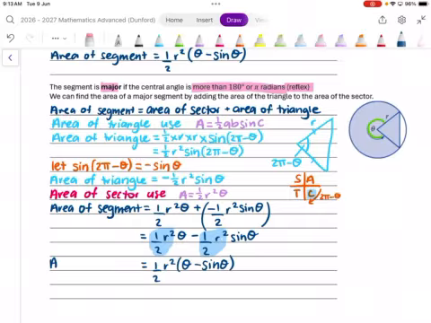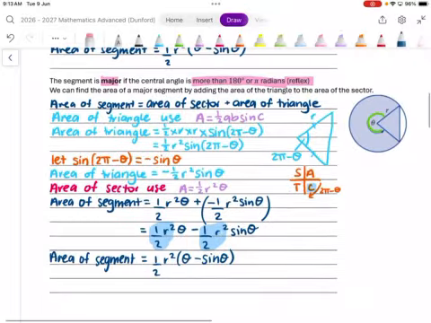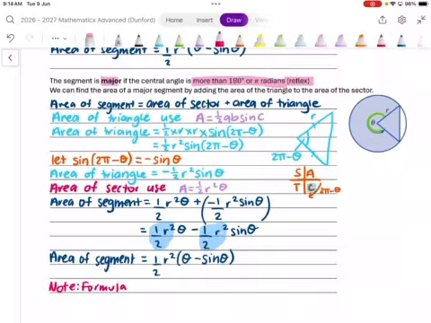So that means that our area of our segment formula is the same for both our minor and our major segment. Okay, so if you need to write a note on that, you can. So note, formula is the same for minor and major segments.